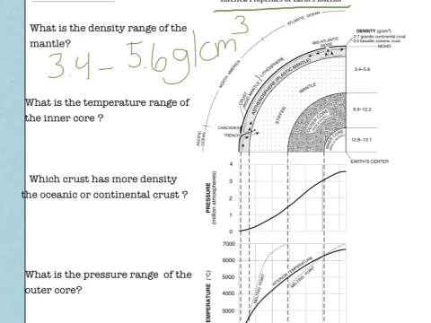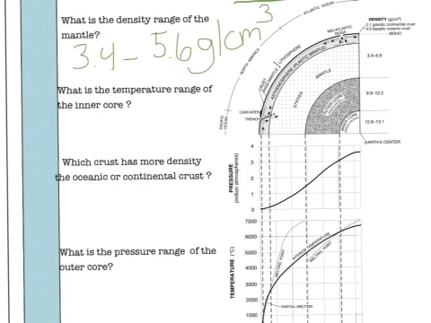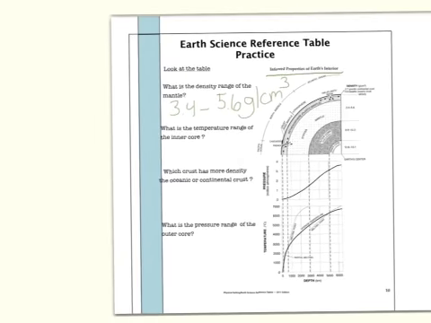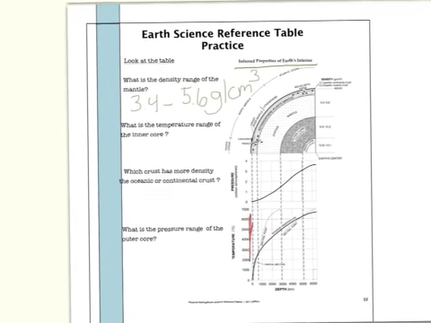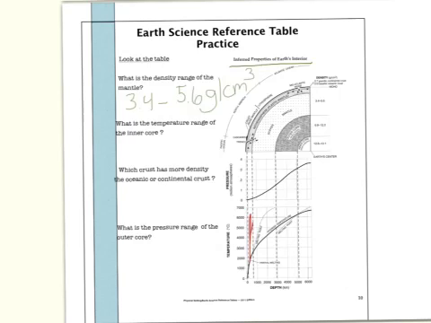Great. Next question. What is the temperature range of the inner core? Again, you're going to look at the table. I'll zoom out so you can see the chart. Temperature is indicated at the bottom. The inner core is located right here. I'm going to highlight it in red.